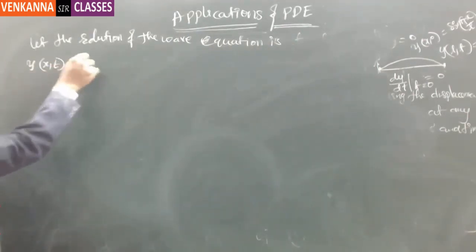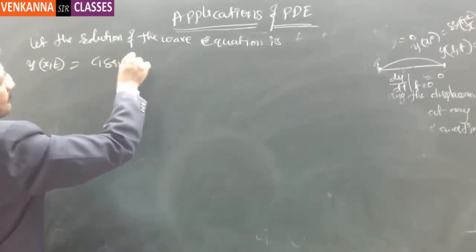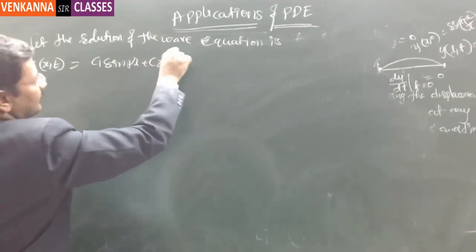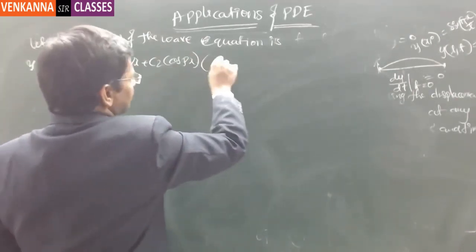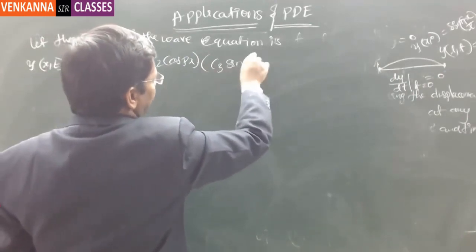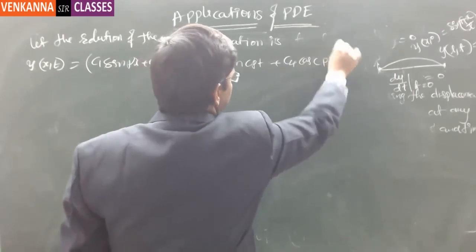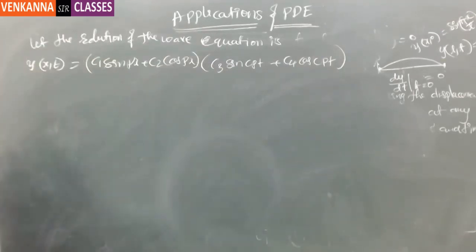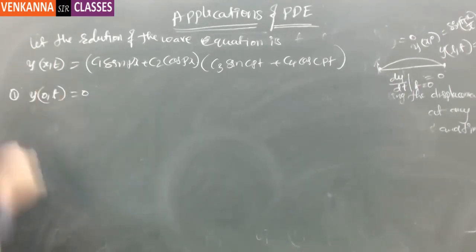So this is the fundamental solution, coming out to be c1 sin px plus c2 cos px multiplied by c3 sin cpt plus c4 cos cpt. Got it? Now we'll try to substitute the conditions one by one. The first condition is y of 0 comma t is always 0.